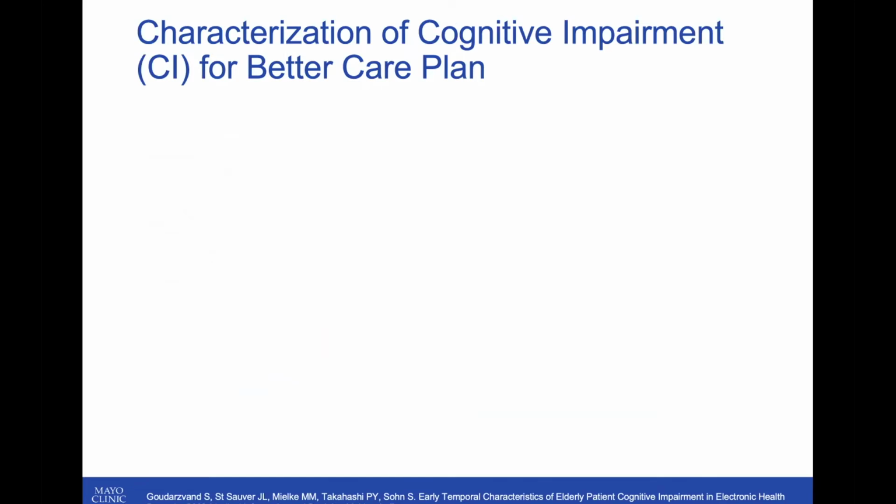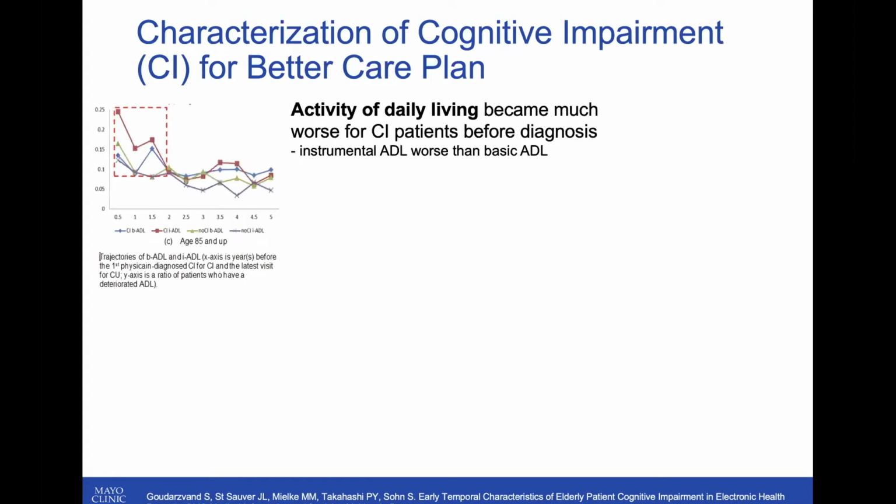looking at the early signals of cognitive impairment, such as mild cognitive impairment and dementia. And we looked at the activities of daily living. And these activities of daily living actually became much worse for the cognitively impaired patient, even much before a clinical diagnosis.